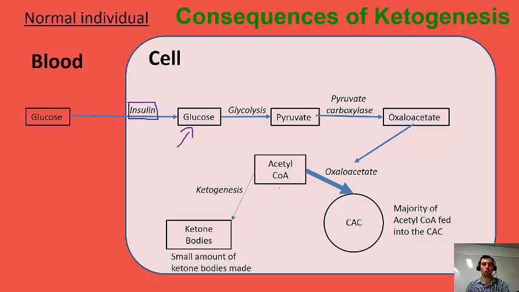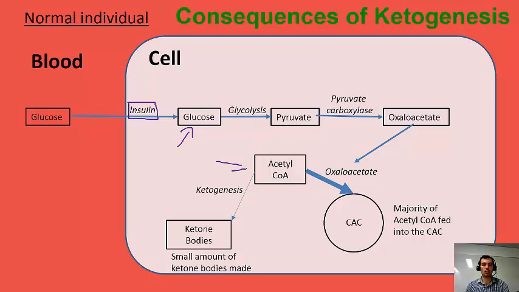And a very small amount of the acetyl-CoA is actually going to be used for ketogenesis. Most of it will be used in the citric acid cycle. Remember, ketogenesis is the process where we're making ketone bodies. So there's going to be a small amount of ketone bodies made.